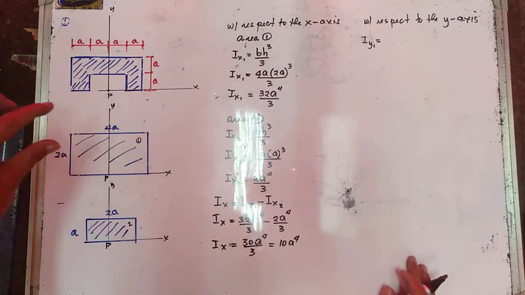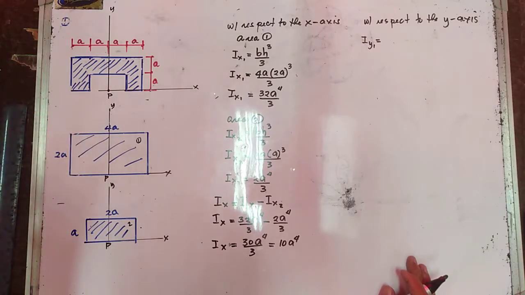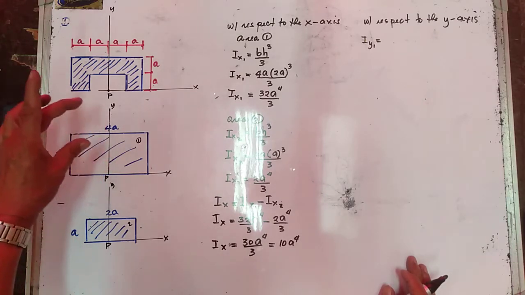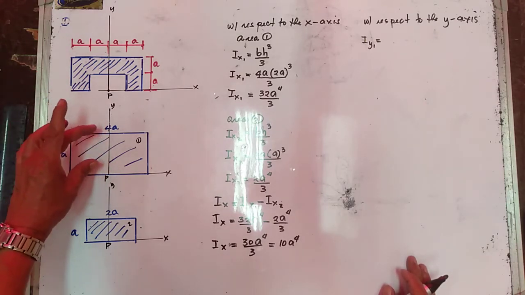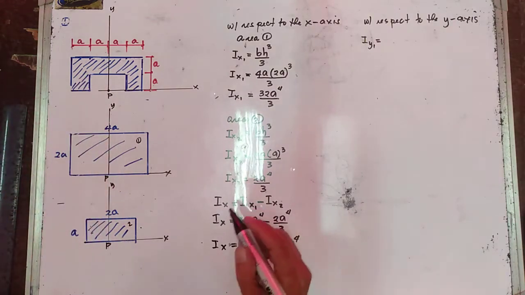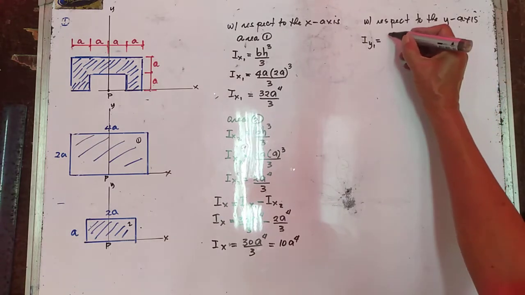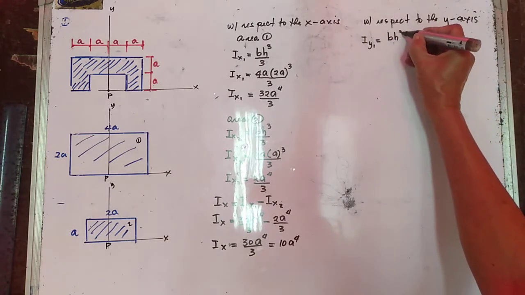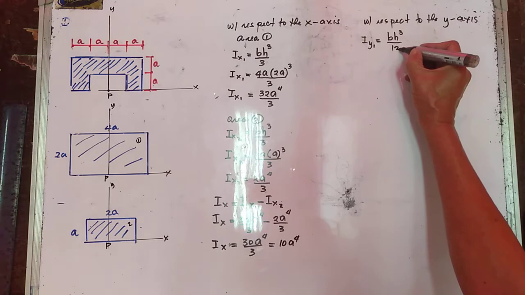So let us get the centroidal moment of inertia of this area with respect to the y-axis, and this is therefore equal to BH cubed all over 12.